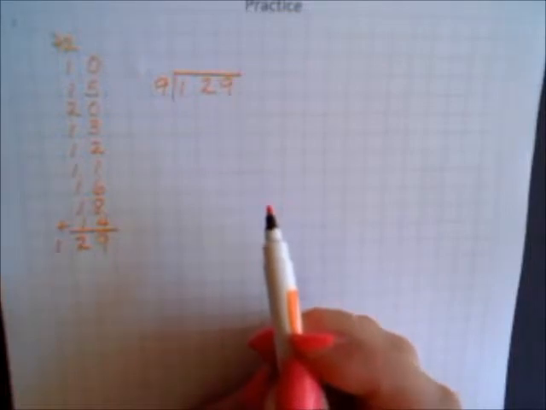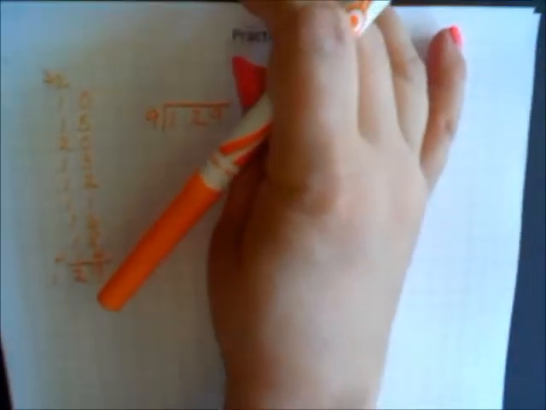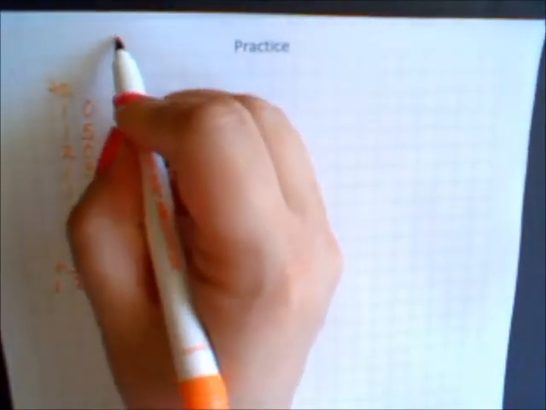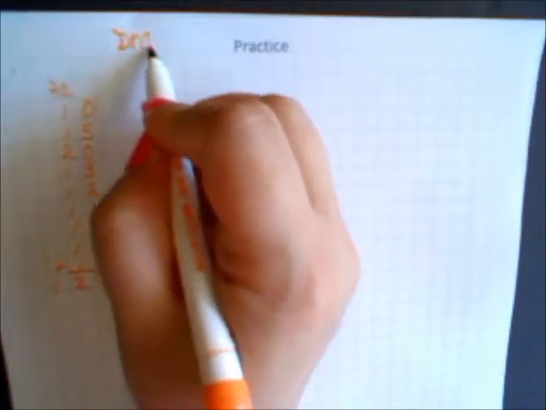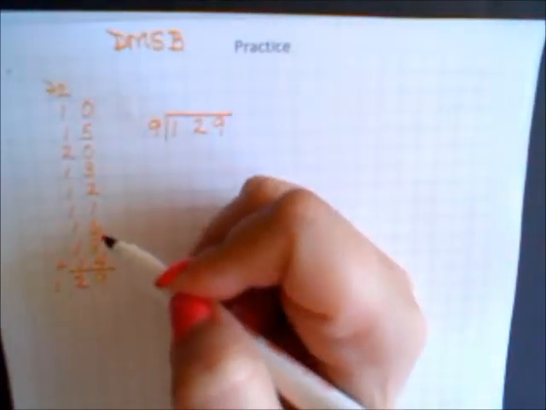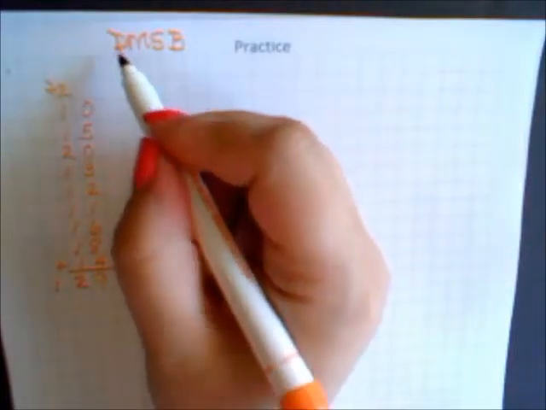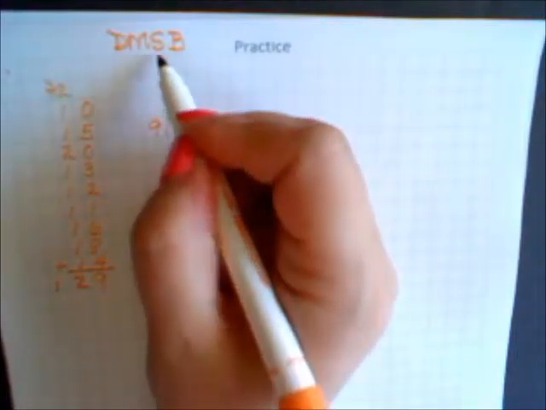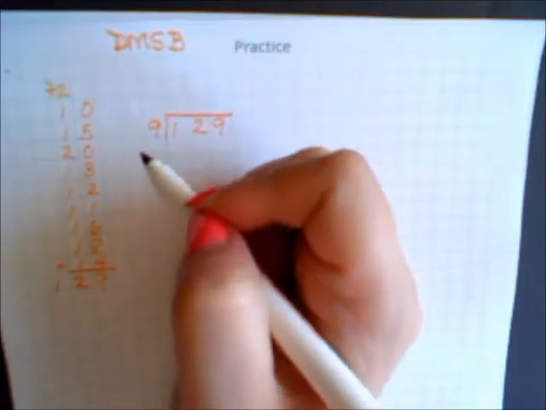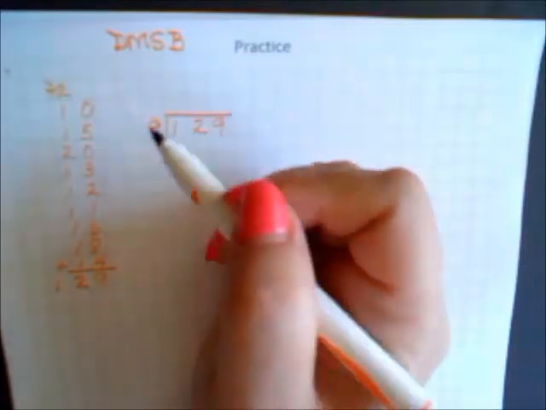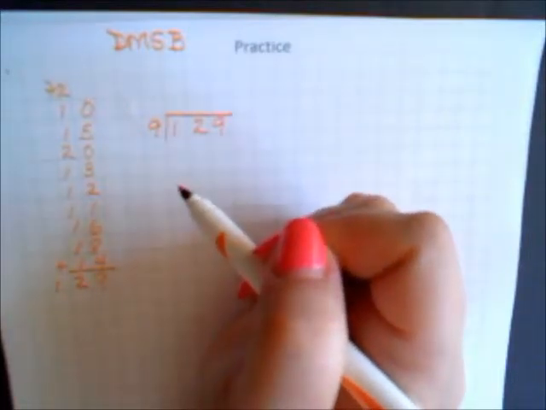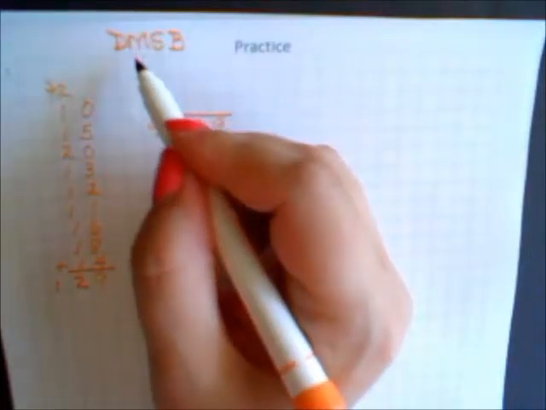Okay? So in order to divide, let's recall our DMSB loop, right? And what does that stand for? Divide, multiply, subtract, and bring down, right? And you can remember it how? Dad, mom, sister, brother, that might help you. Okay, so our first step in our problem is to divide.